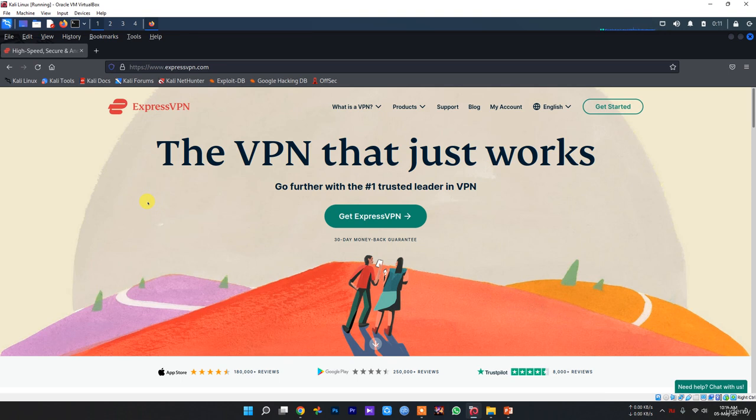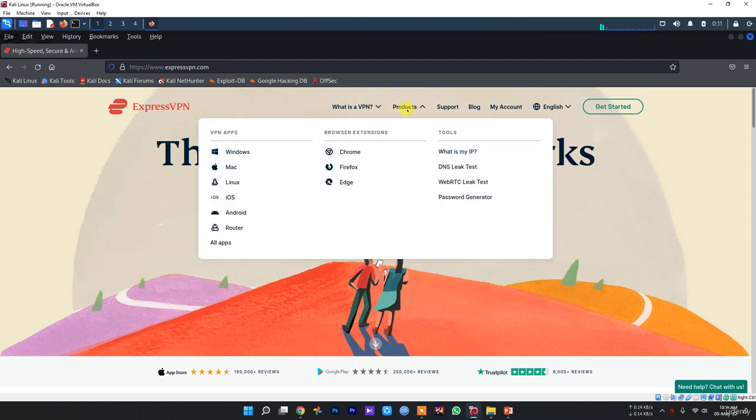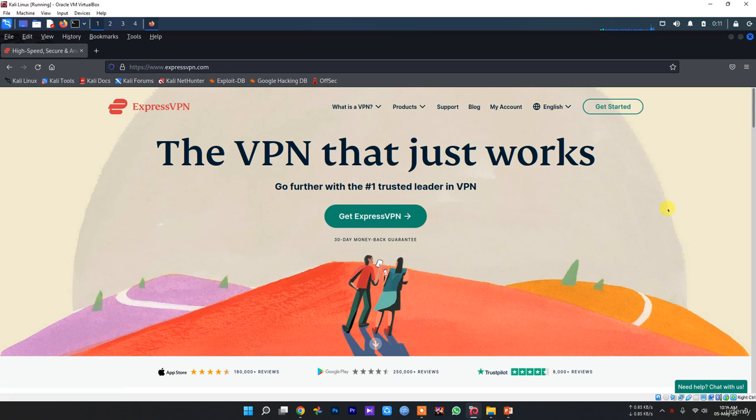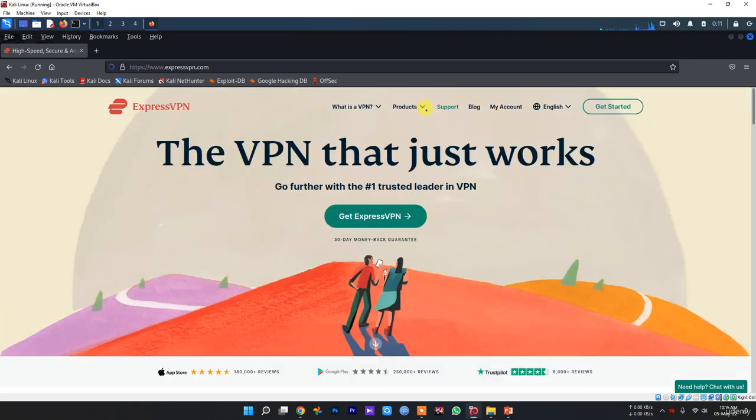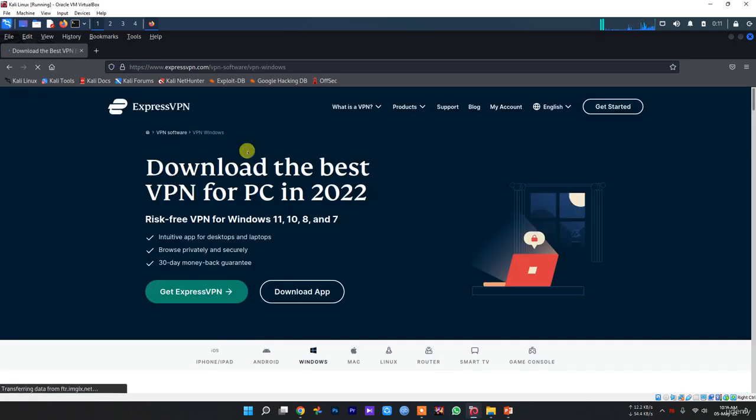The thing is, every VPN has cons, even though they are great. It also has cons: only 5 simultaneous connections are allowed with ExpressVPN, and I think this is the most expensive, because I think it's like $12 to $15 per month, as far as I remember.